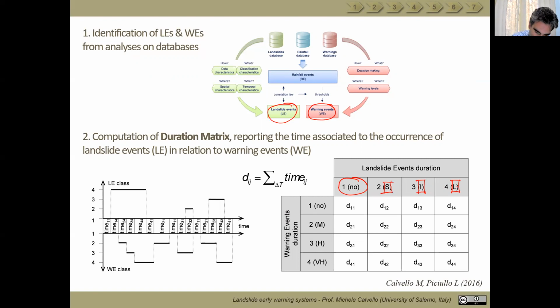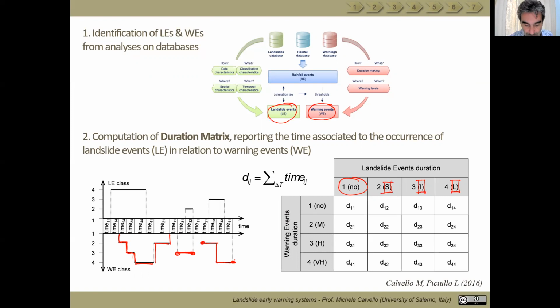Then on the other side, you have the warnings. Warnings, as we saw, are issued if it's more than one level with steps. They may start with level 2, level 3, then go to level 4. In this case, they are level 3 all the way from the beginning to the end. Anyway, they have a duration from the beginning to the end of the warning event.